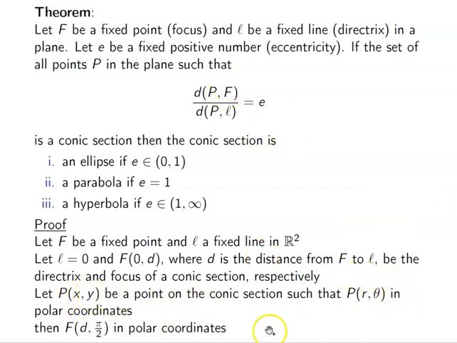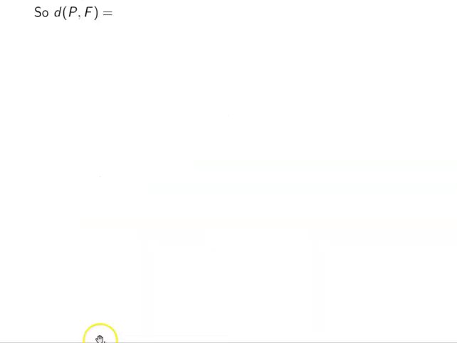So (0, D) in polar coordinates is at a radius of D, that's how much I moved out, and pi over 2, because on the y-axis I just move up the distance D and the angle is straight up. So this in polar coordinates is (D, pi over 2).